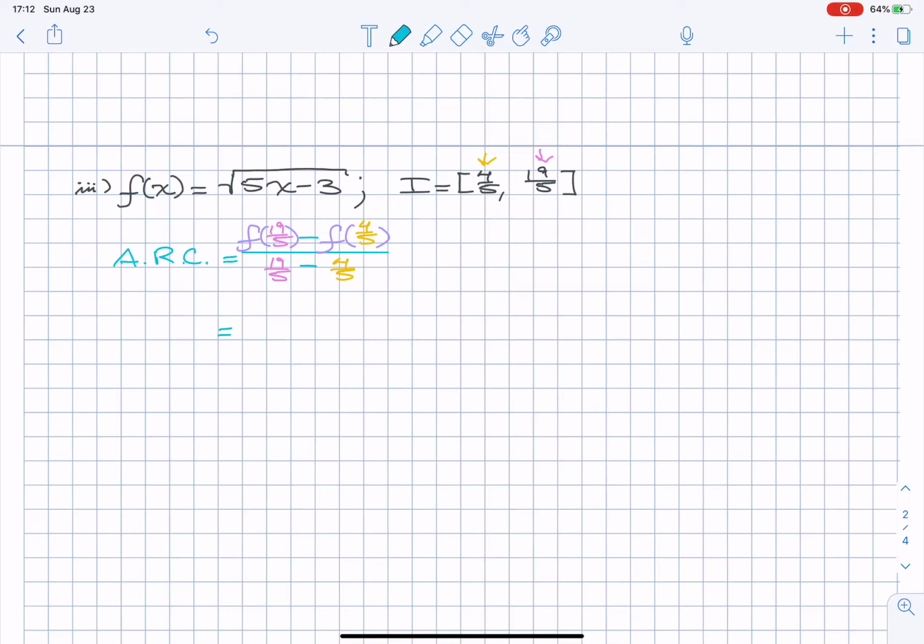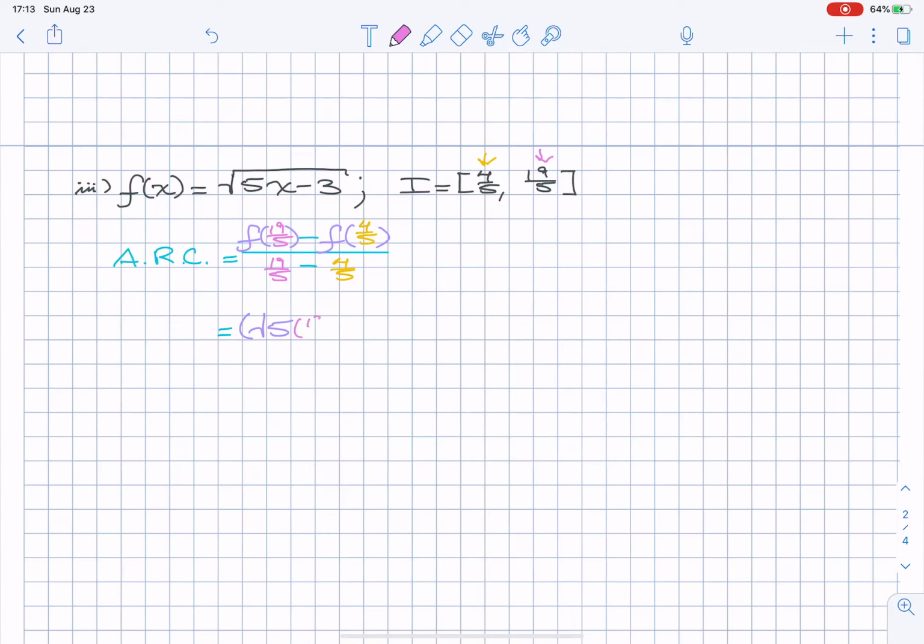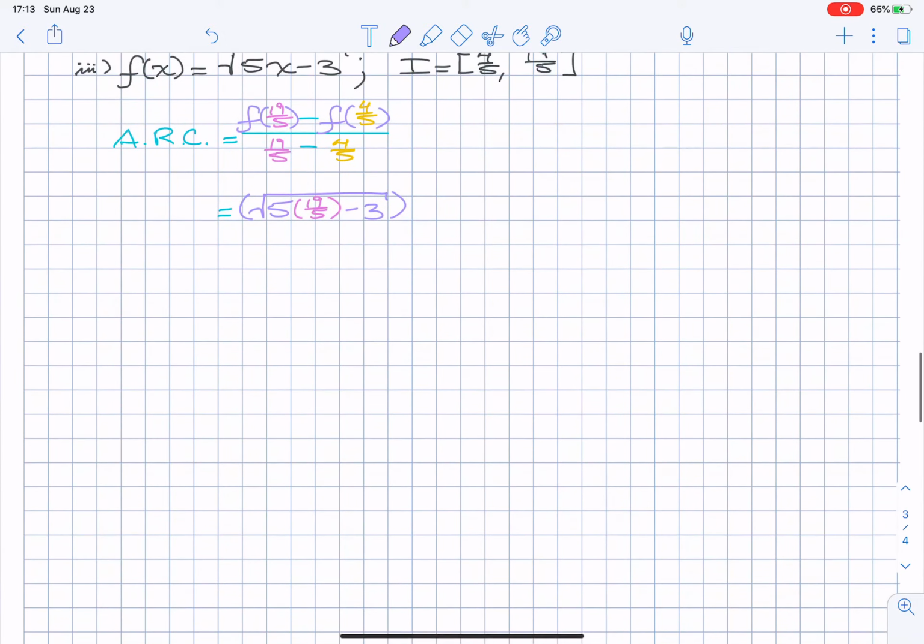Okay, so what are we going to have here? We're going to have the square root of 5 times 19/5, from which I'm subtracting 3 underneath the first radical. Then we're going to subtract from that. Actually, I don't really need those extra parentheses because they're under a radical.